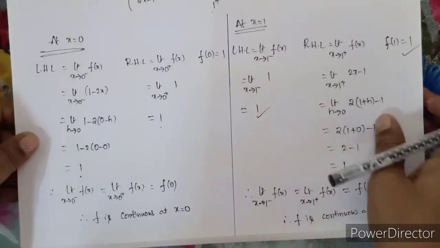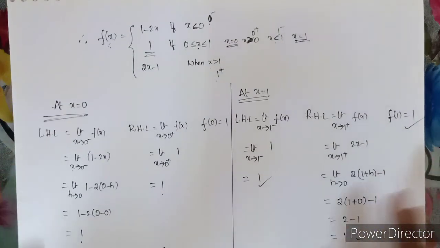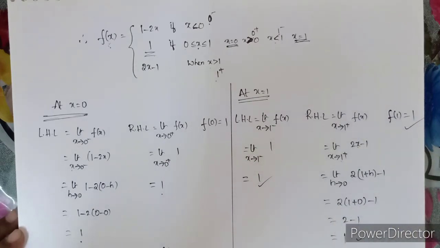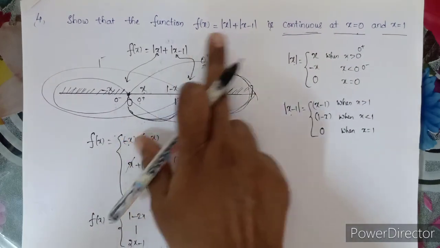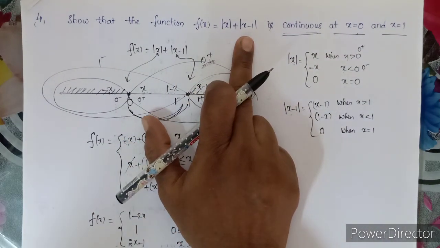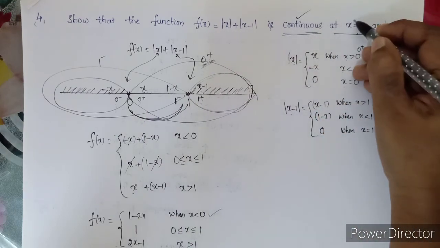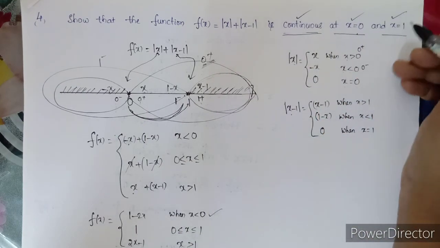Therefore, this function is continuous at both x equal to 0 and x equal to 1. Therefore, this function f of x equal to mod x plus mod of x minus 1 is continuous at both x equal to 0 and x equal to 1.